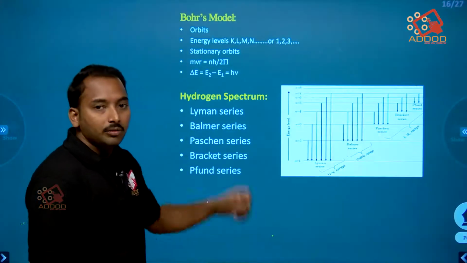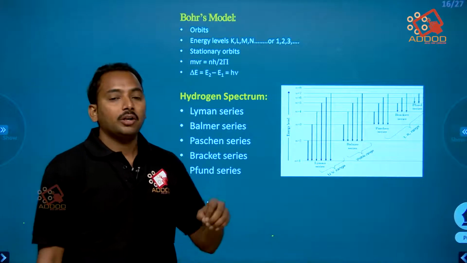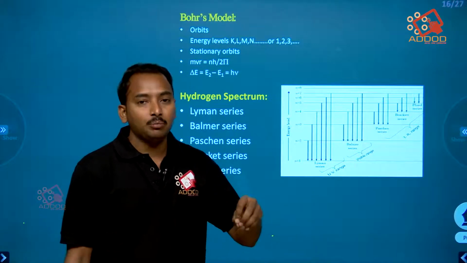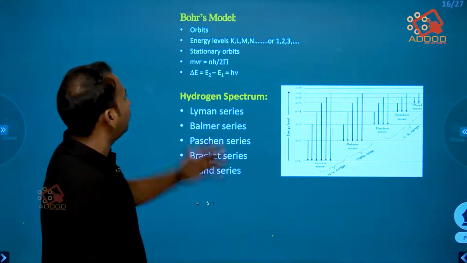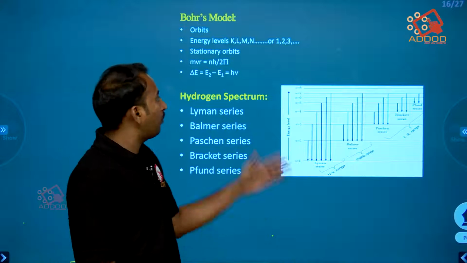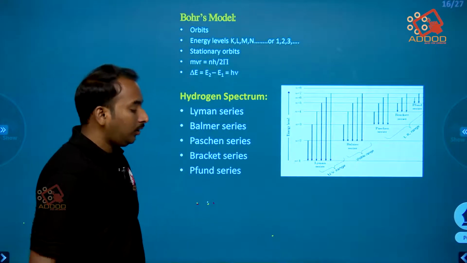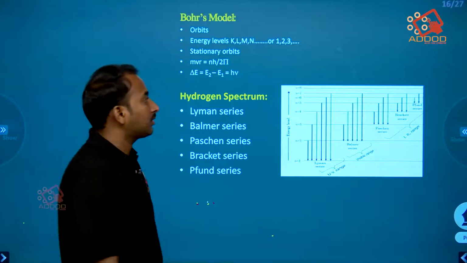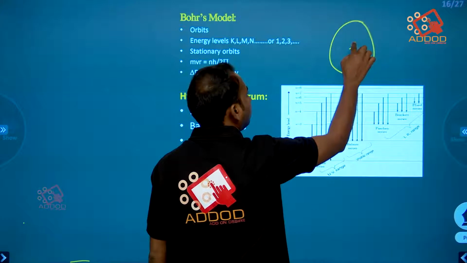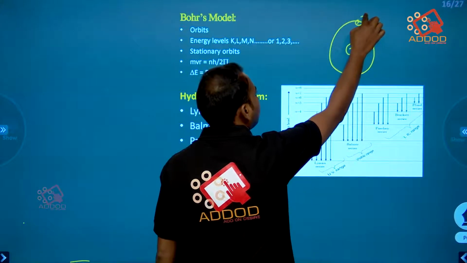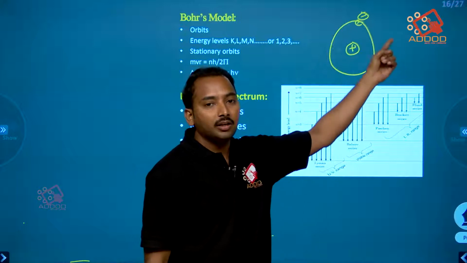So let us start Bohr's model. The question is: what are the postulates of Bohr's atomic model, and explain the hydrogen spectrum. Let us start with Bohr's model and the postulates. The first postulate is that the electron revolves around the nucleus in a circular path.